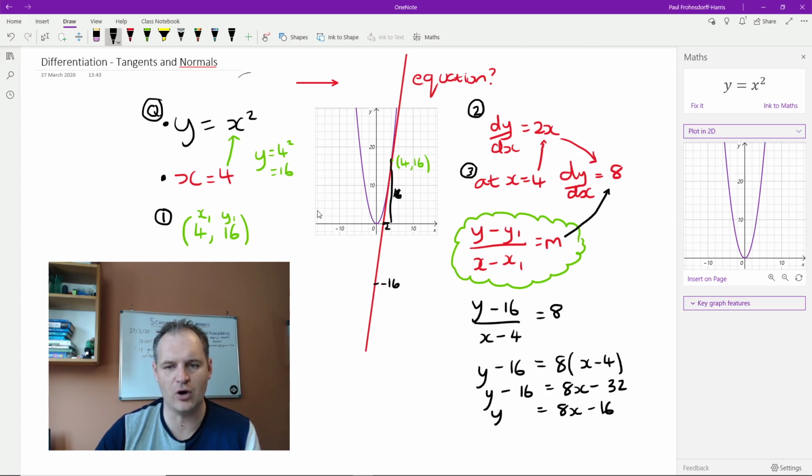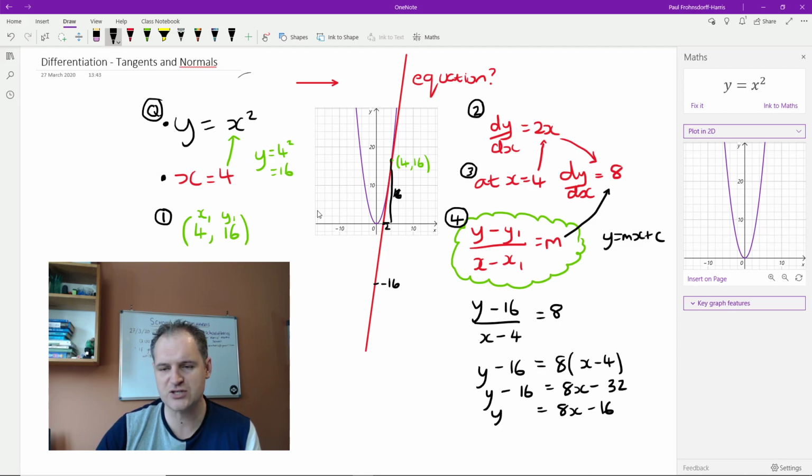So x equals 4 goes into there. Step 4 was to use the universal formula for any straight line equation. Some of you might use y equals mx plus c. That will still work. I prefer this one, but either of them are valid and valuable.